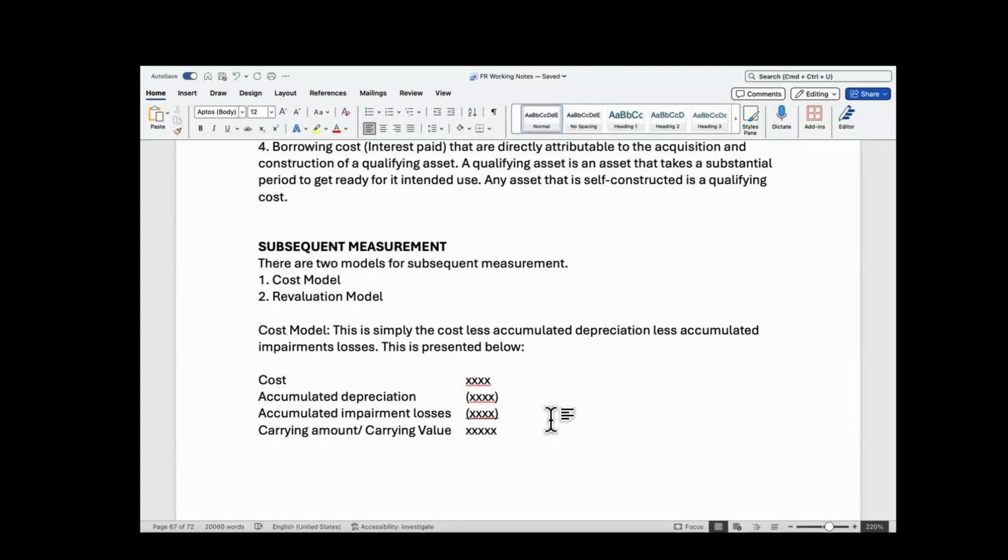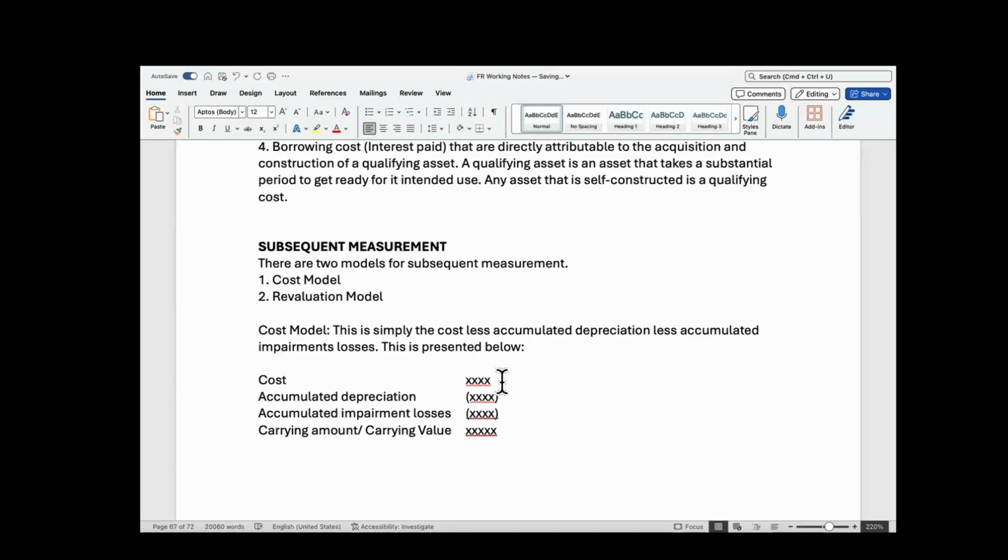And this means that at the end of the year, what you find in your asset account is more of this value. This is the carrying value. This is what you would see in the statement of financial position, right?